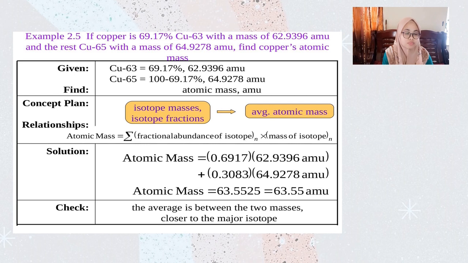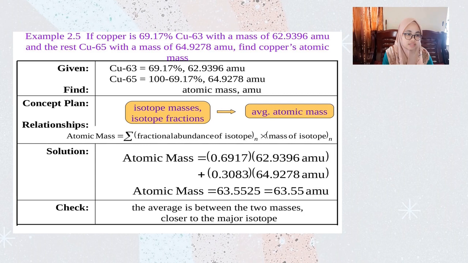You can get 90.5525, and you can change it to 63.55 AMU. This is how to find copper's atomic mass.